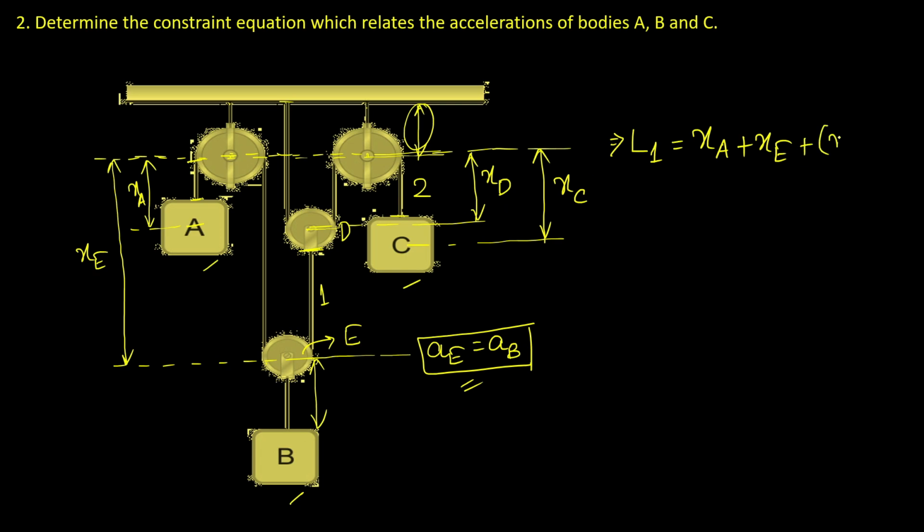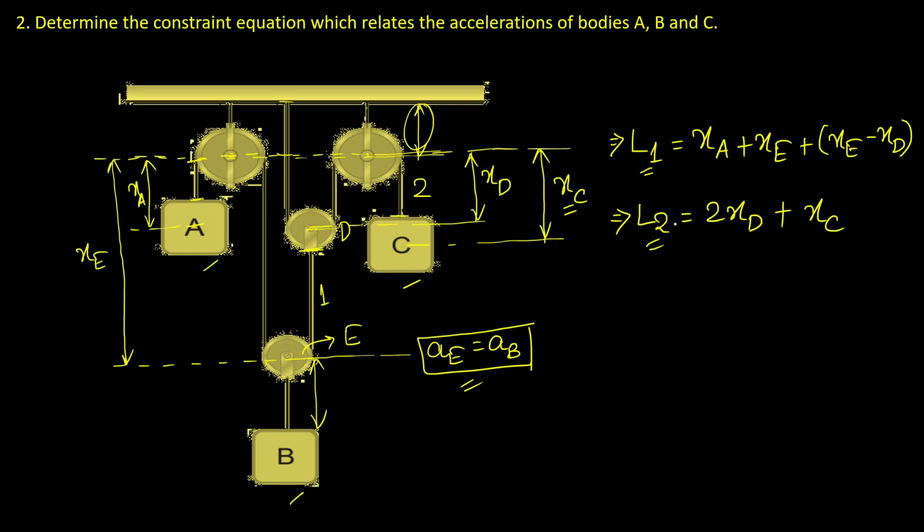So this will be XE minus XD. Okay, so that will be the length 1. Now similarly, the length of string 2 will be this and this, both similar, that is 2XD plus this length. And what will this length be? This length will be XC. That is already supposed.